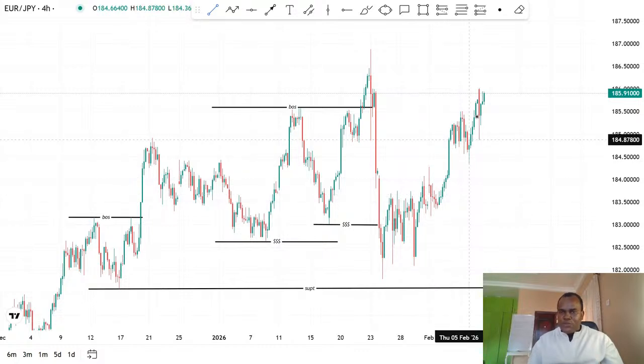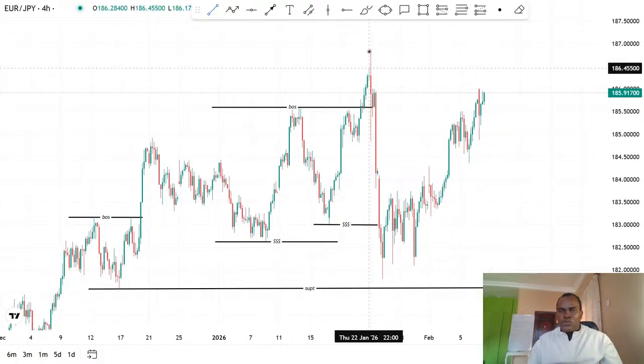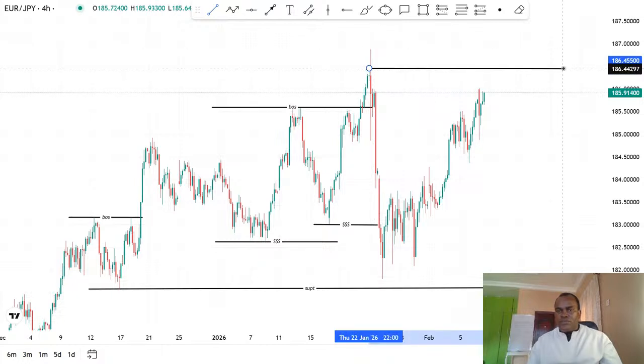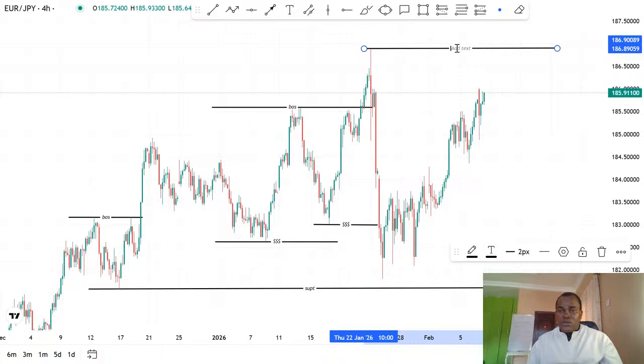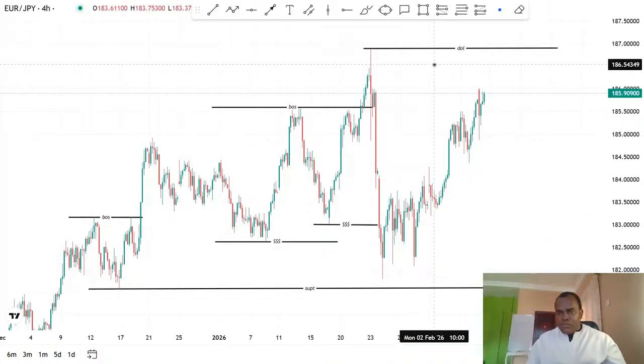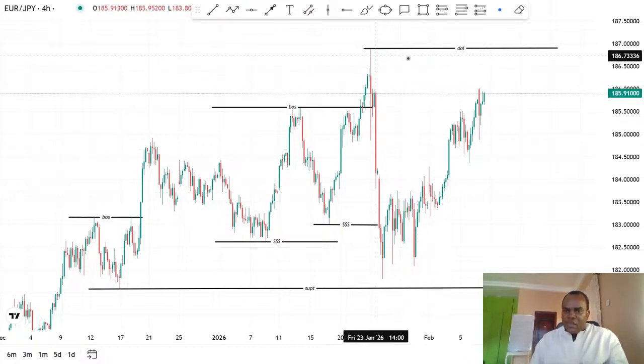So currently price is heading to take out liquidities around here. So what we have here is a drop on liquidity here. All right. If you're buying this, like I've been buying this for a while, my take profit is somewhere up there.